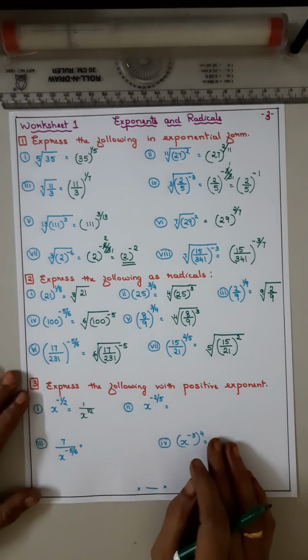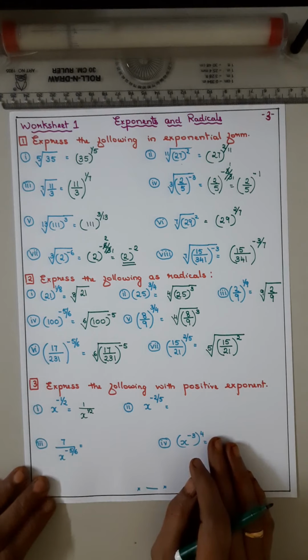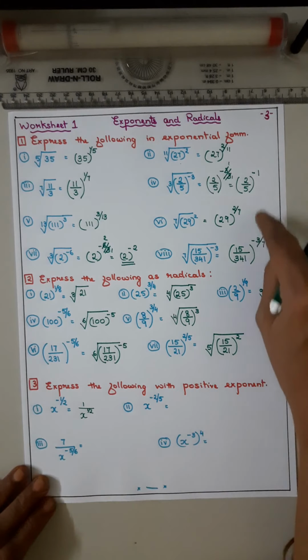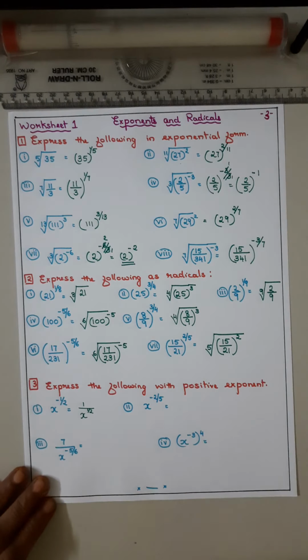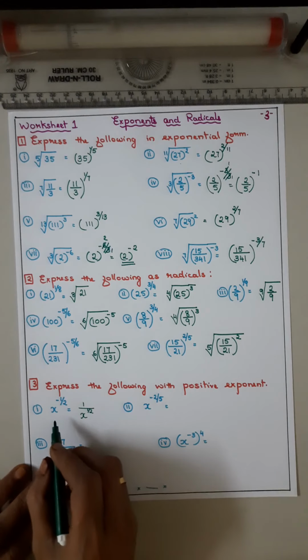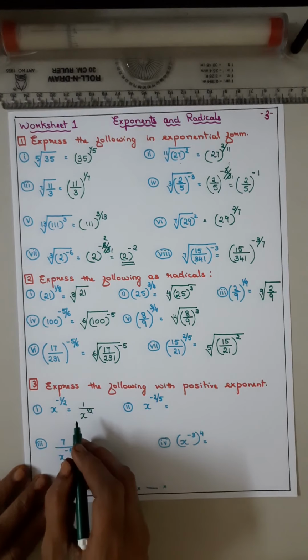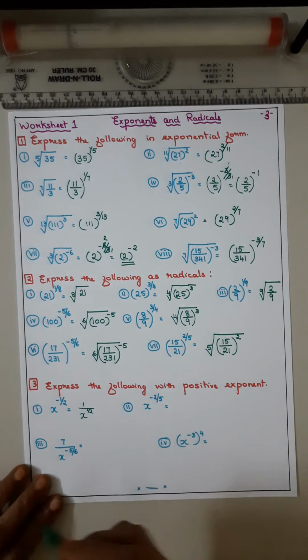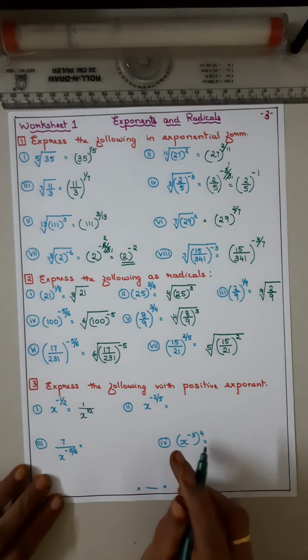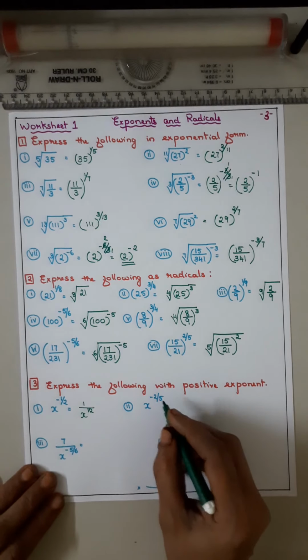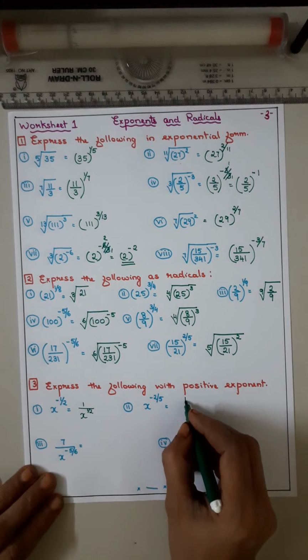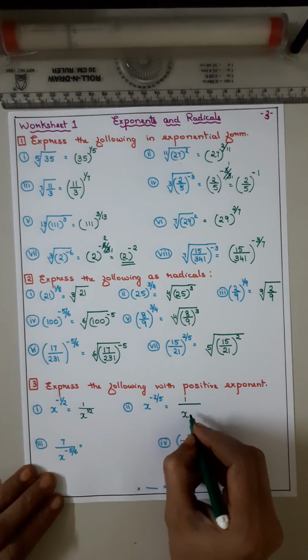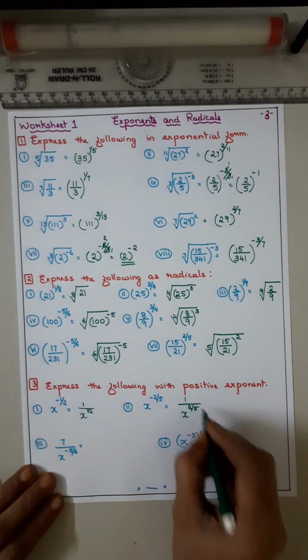Now express the following with positive exponents. See, here all the exponents are negative, we now have to write them as positive. x to the power minus 1 by 2, how do you write? 1 by x to the power 1 by 2. Now here x to the power minus 2 by 5, 1 by x to the power 2 by 5.